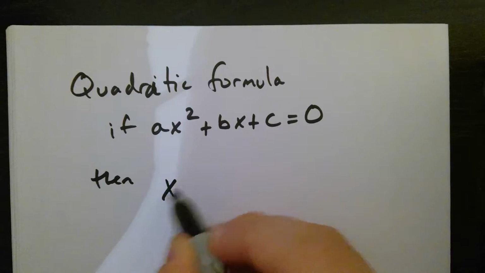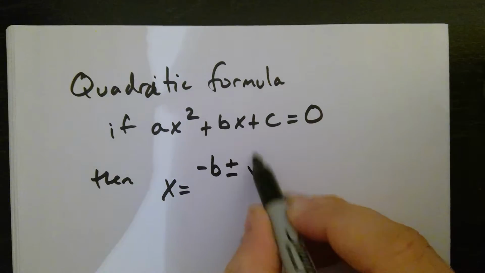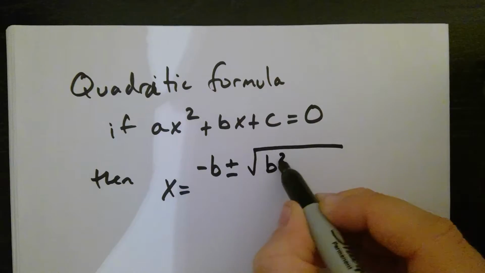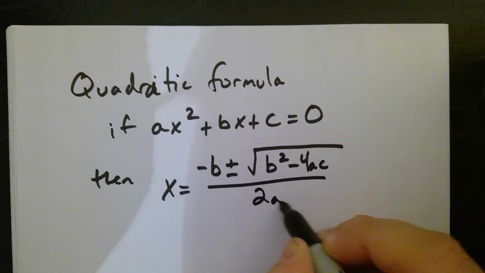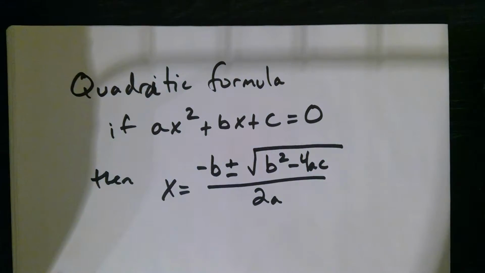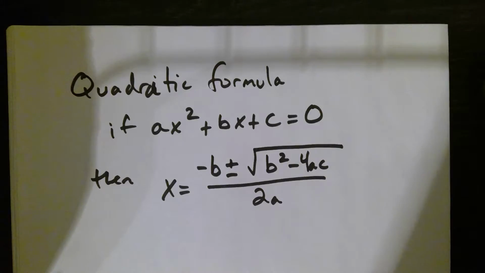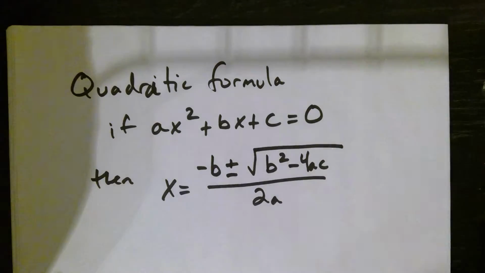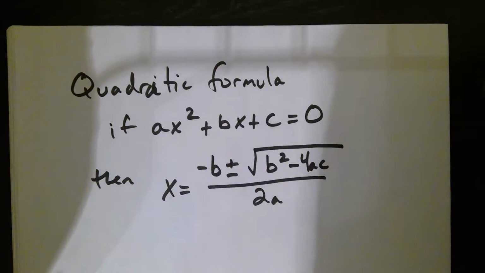Then x equals negative b plus or minus the square root of b squared minus 4ac, all over 2a. For those of you who are curious, it is derived by completing the square, which is why completing the square is my favorite method to use.